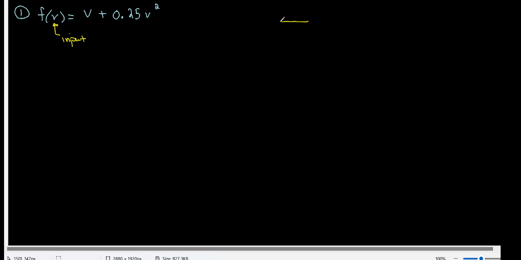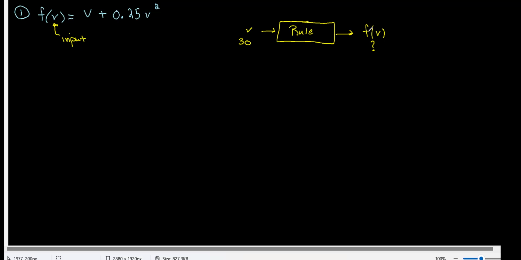So if you imagine we have a function rule, and in this side goes a v, and out this side comes some number. I'll call it f of v, or the function evaluated at v. So what they want me to do is stuff in v equals 30, and figure out what happens, what's the value when v equals 30.